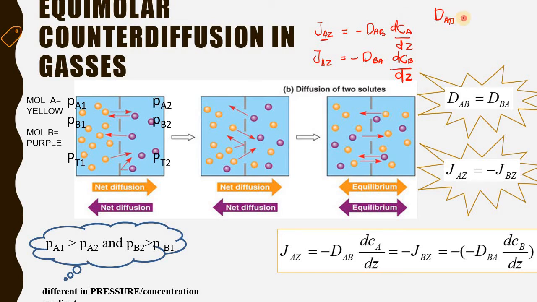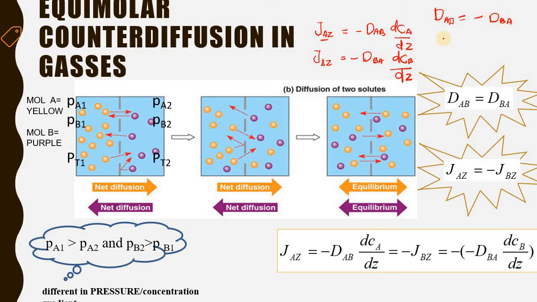DAB is equal to negative DBA. You don't have to find DBA separately; you just put a negative on the value of DAB, and you get DBA.